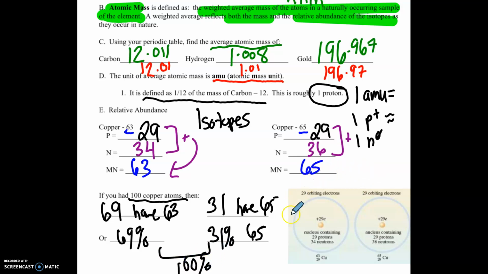So of all the types of copper in nature, they all have 29 protons. Look at this little picture here. Since they're neutral, they have 29 electrons, but what's different is the neutrons in the nucleus. Which one is the most common? Copper 63 is. And let's look at the weighted average on the periodic table.